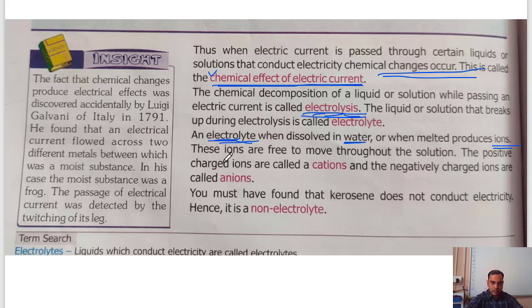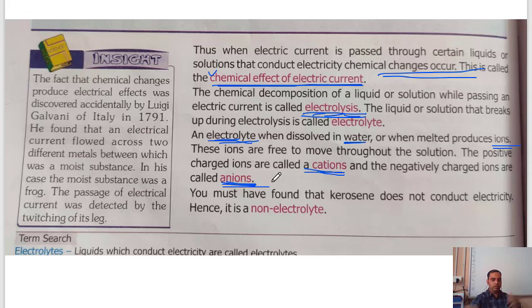These ions are free to move throughout the solution, randomly moving here and there. The positively charged ions are called cations. This is also very important. Cation means positively charged ions. The negatively charged ions are anions. Anion means negatively charged ions. Remember, positively charged ion means cation, negatively charged ion means anion.